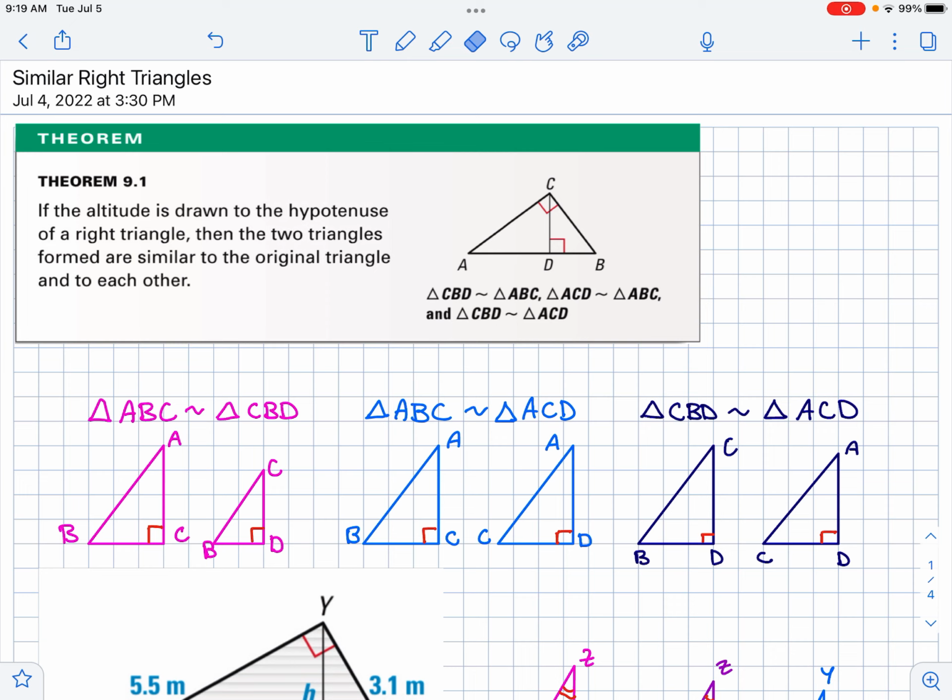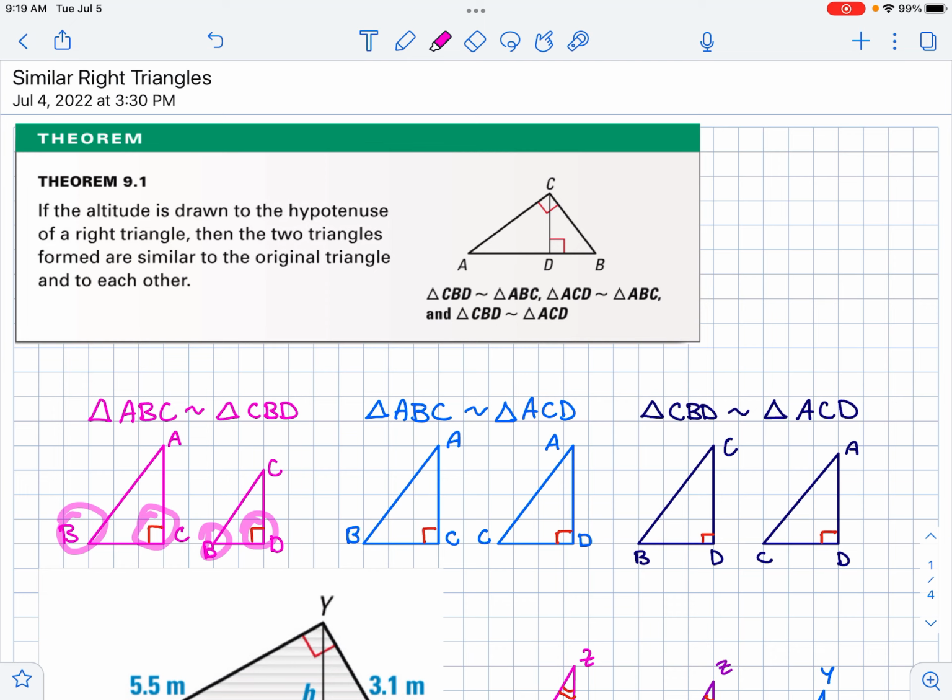Now, those two triangles, that big triangle and that little one that we formed, are similar to each other. Now, how do we know they're similar? Well, one way you can show it is notice that they both have 90-degree angles, and also they share this angle B. And angle B is congruent to itself.